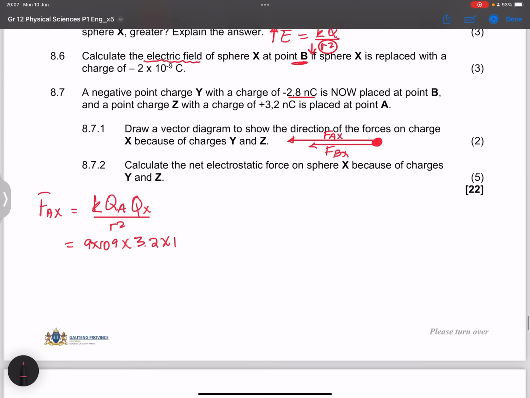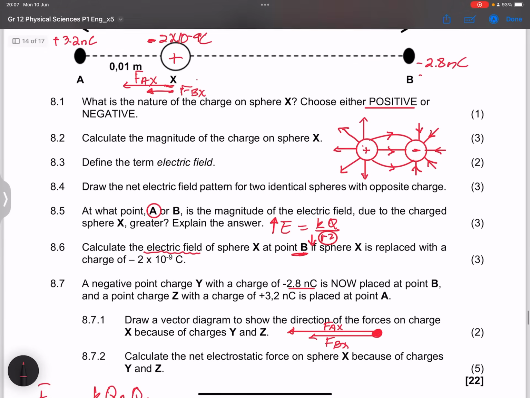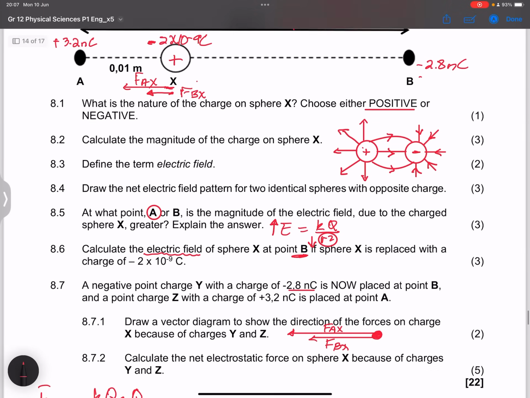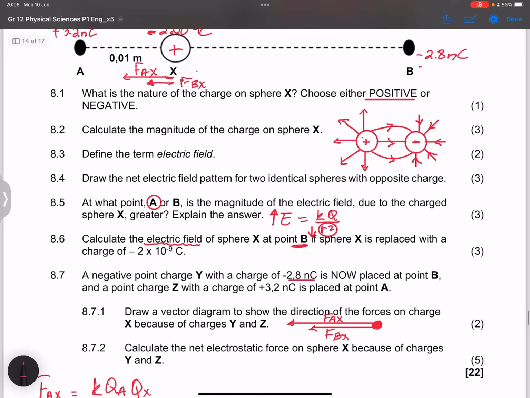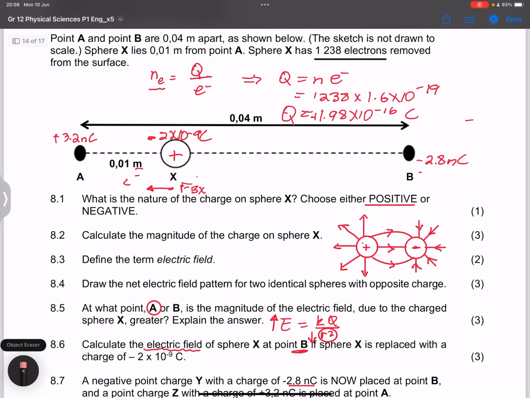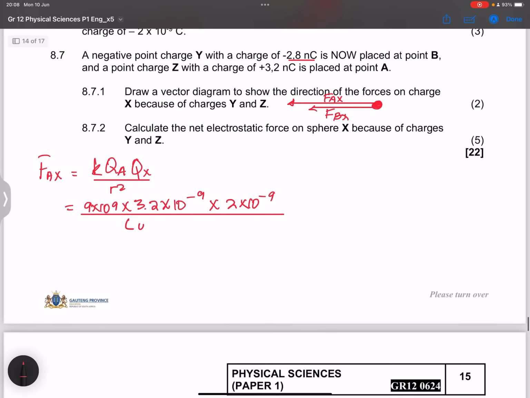Please remember, nano is times 10 to the minus 9, multiplied by the charge on X, which is 2 nano. All right, so that's divided by the distance between A and X. Note that the distance between them is 0.01, squared there.